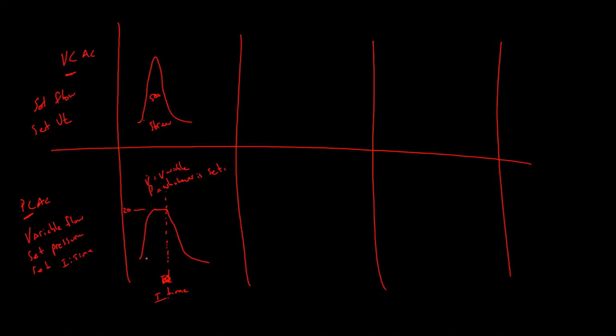We know that there's a certain amount of volume under this curve, just like there's a certain amount of volume under this curve, right? We also know that there is a certain pressure right here, which we have set, but we also know that there's a certain pressure here too, because we have a thing on the side that'll say what the pressure is. Does that make sense?